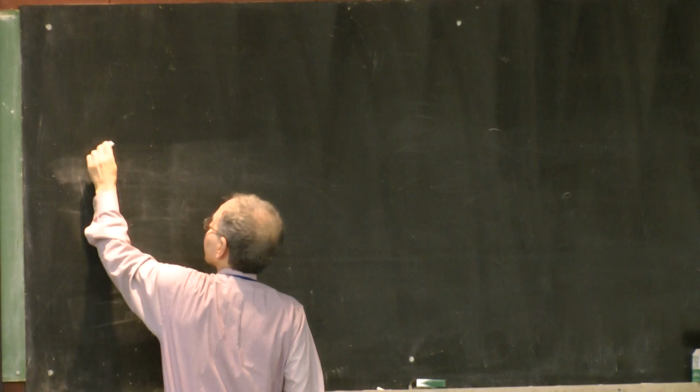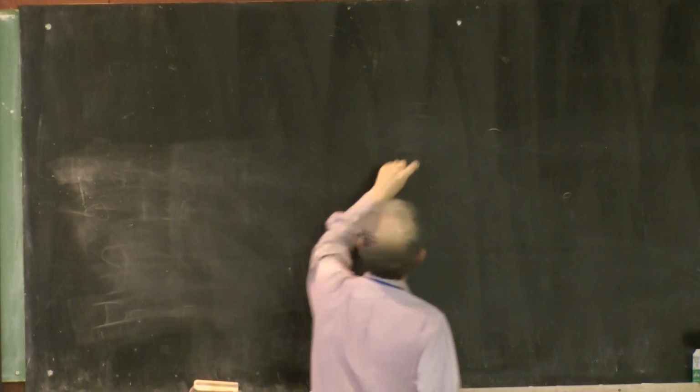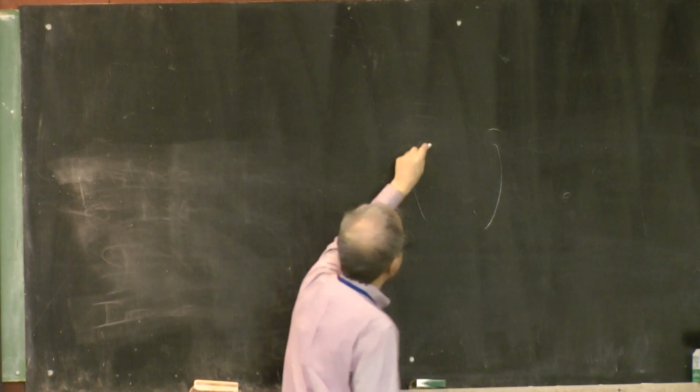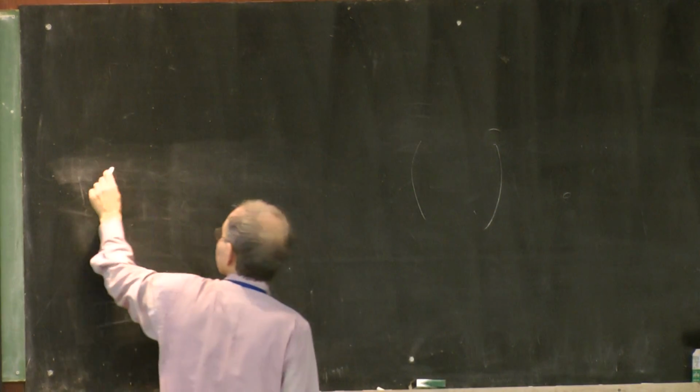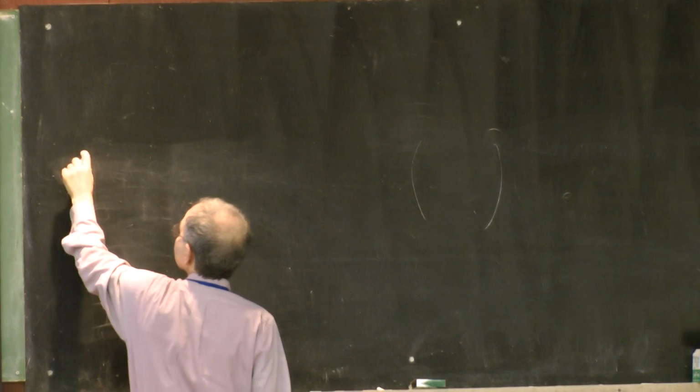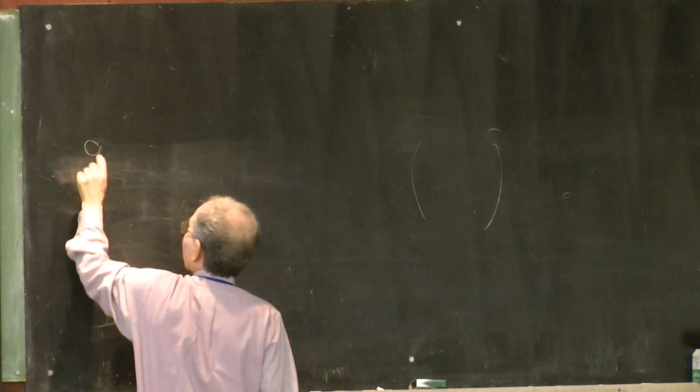So we have three 3x3 Hermitian matrices. A 3x3 Hermitian matrix has 3 entries on the diagonal, and 1, 2, 3, so 6, 9. So there are 9 entries, so we have 9 parameters.